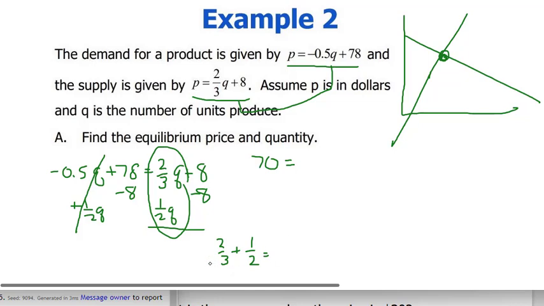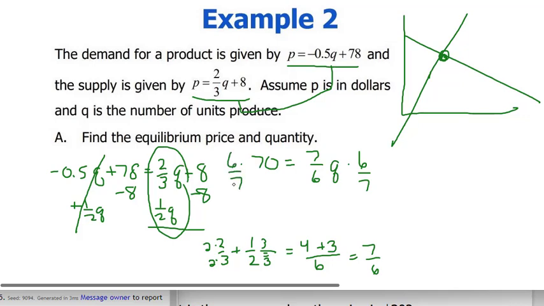The common denominator would be 6. So I'm going to multiply this by 2/2, and this by 3/3. So we're going to have 4/6 plus 3/6, so that's going to be 7/6 Q. To get just Q, all I need to do is divide by that 7/6, or we could multiply by 6/7. So we multiply on both sides by 6/7. Those 7s cancel out, and I just end up with Q equals 60.